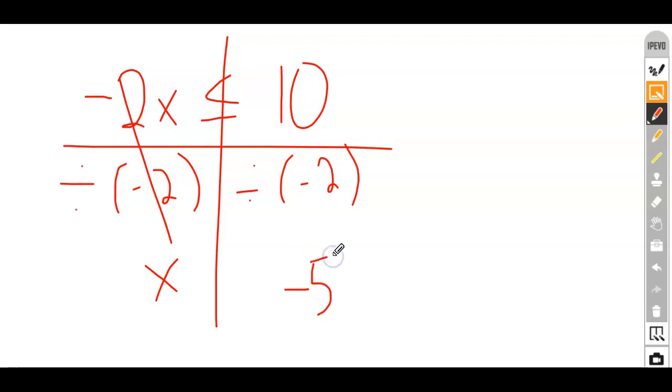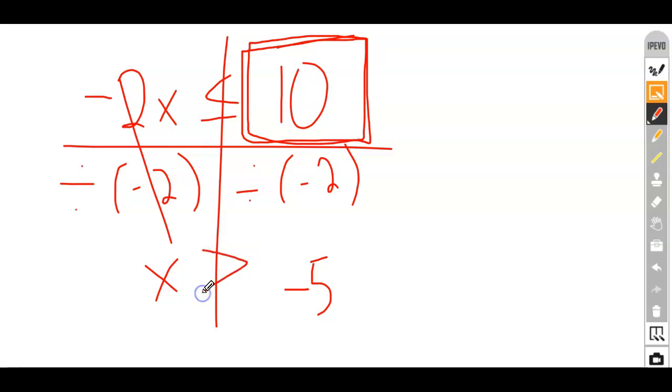All right. So let's think about this. The number to the right here was a positive number, right? But when I divided or multiplied by a negative, it flipped to the negative side, didn't it? So therefore, we flip our symbol from a less than or equal to a greater than or equal to.